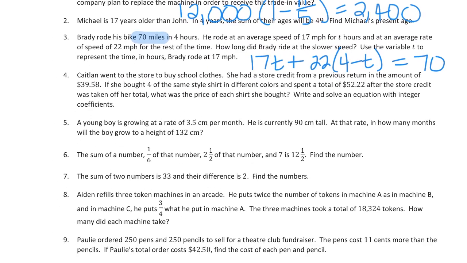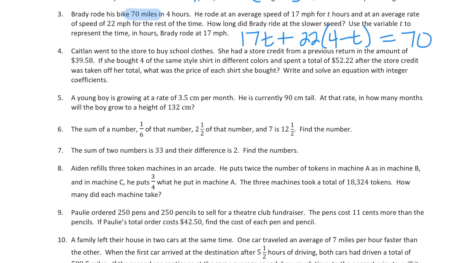Okay, number 5. A young boy is growing at a rate of 3 5/10 centimeters per month. He is currently 90 centimeters tall. At that rate, in how many months will the boy grow to a height of 132 centimeters? Okay.